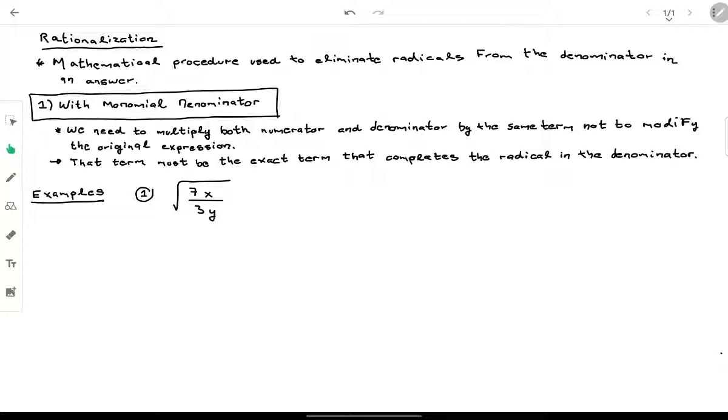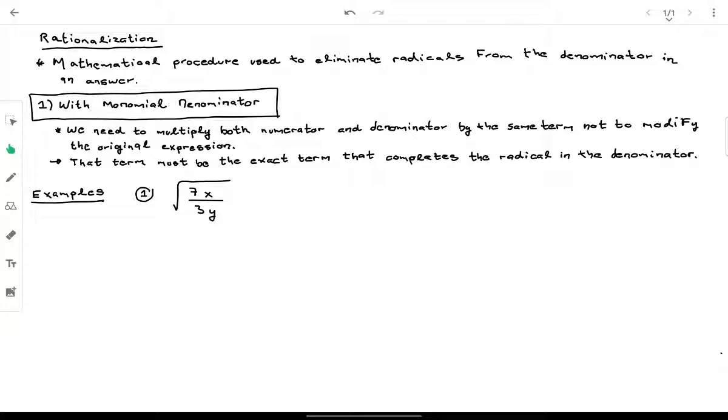If I put the same quantity on the top and on the bottom, it will be like multiplying by the number 1, because the same number divided by itself is 1. So it's like not modifying anything. And the specific term that we are going to put there is the term that completes the radical in the denominator part. So let's see how to do it with different examples.